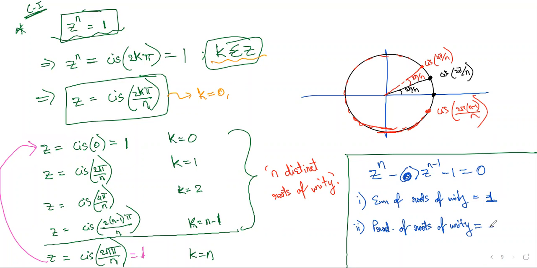It will actually be minus 1 to the power n minus 1. What is the reason?